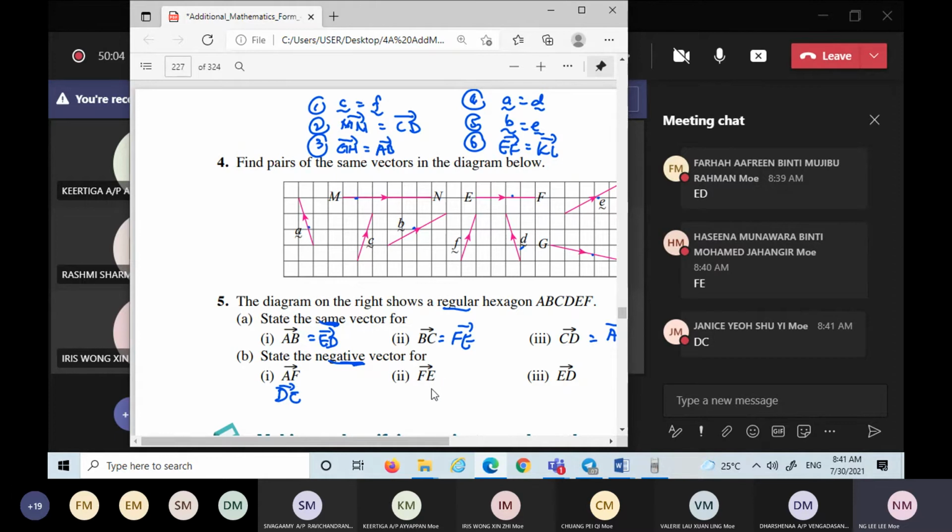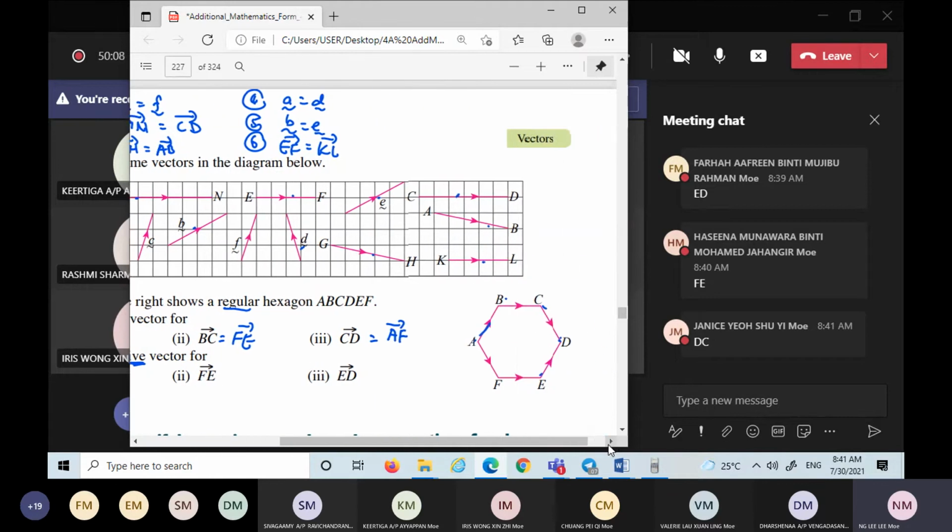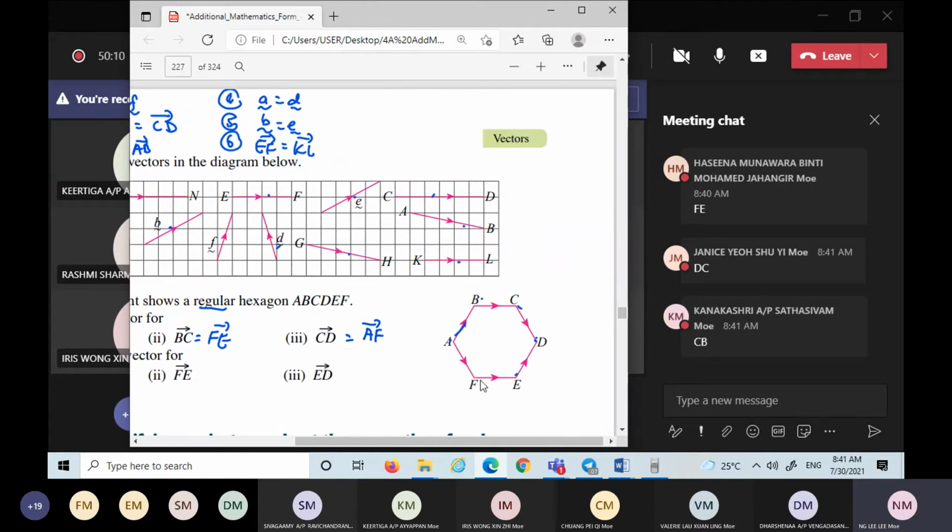Then next question. FE. FE is here. The one that is the same is BC, so reverse it: CB. Very good, Kanakasri. Next, last one, Kritika.